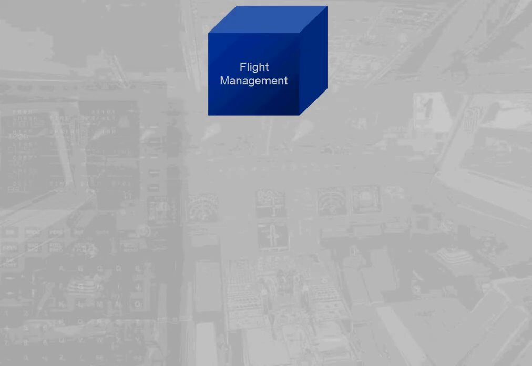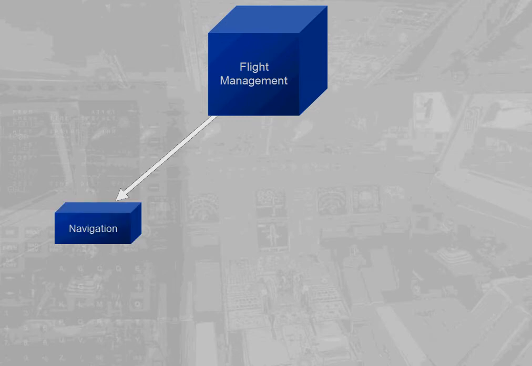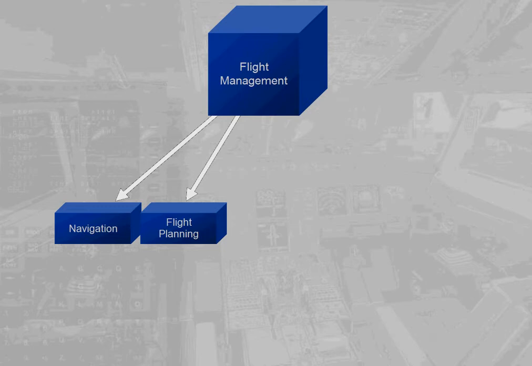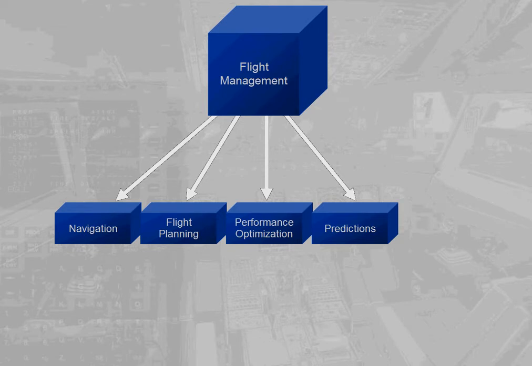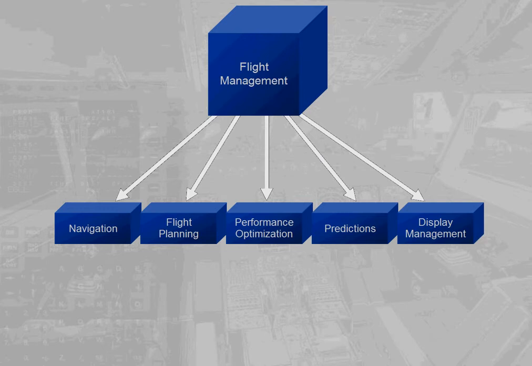The flight management part of the FMGS controls the following functions: navigation, the position of the aircraft and the estimated accuracy of this position; flight planning, the flight plan computation; performance optimization, costs, speeds and altitude optimization; predictions, the accurate estimates for waypoints, altitudes, speeds, fuel, destinations and alternates; display management, the control of information to the EFIS system to display auto-flight modes and navigation information.